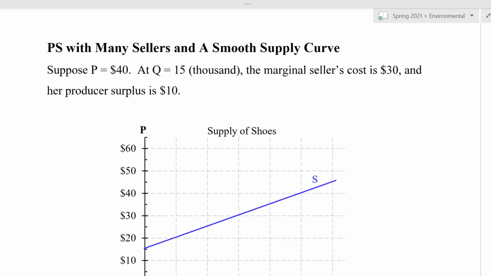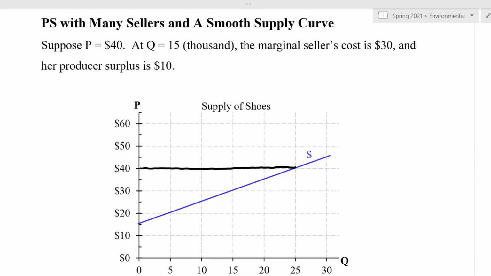And so just as we did with consumer surplus, let's take this to a full market where we have many sellers, and let's suppose that the price is 40. At that price, again, we have all these marginal sellers who make up the supply curve. And so there is some seller here who has a cost of $30, and this line represents one person's, sorry, producer surplus.